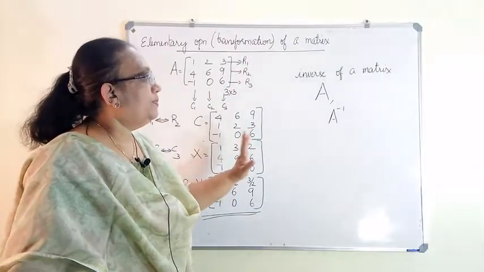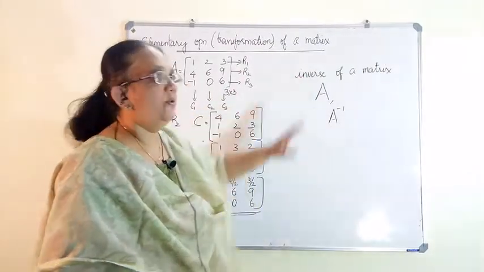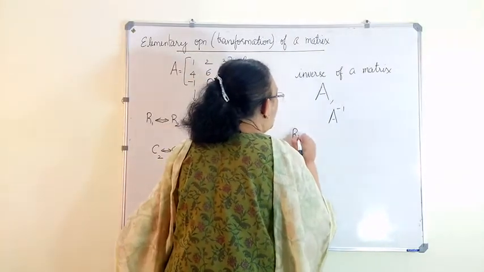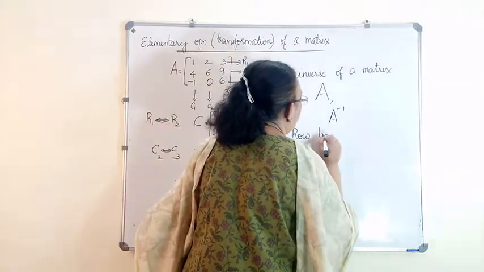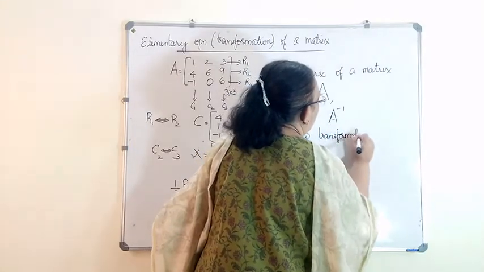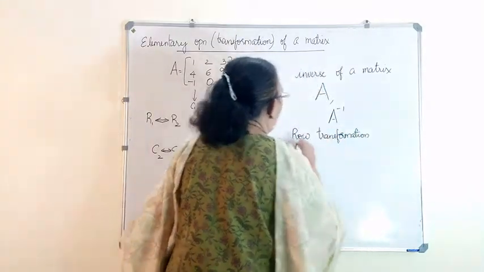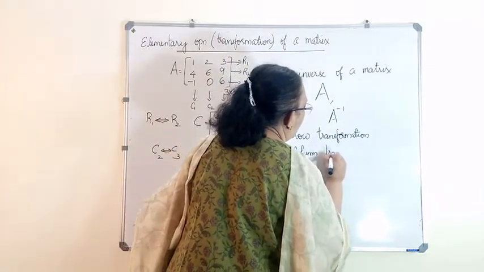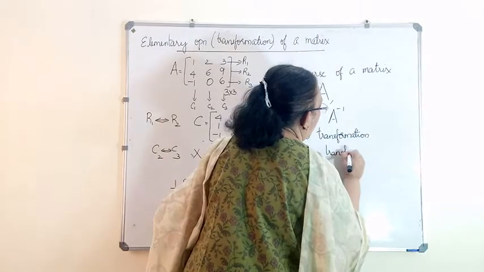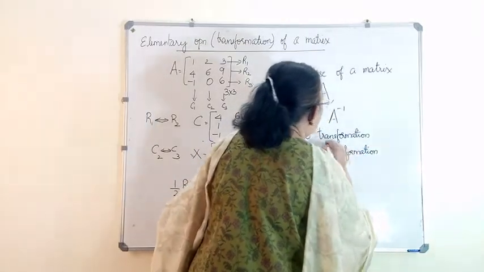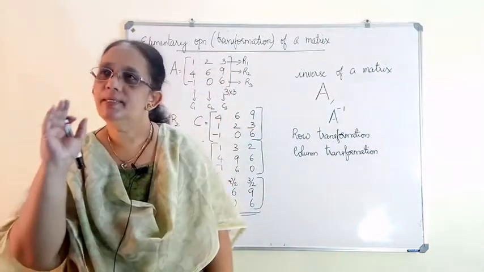And there are two types of finding the inverse of the matrix. The transformation can be either row transformation or column transformation. When I say transformation, you are getting the word change.